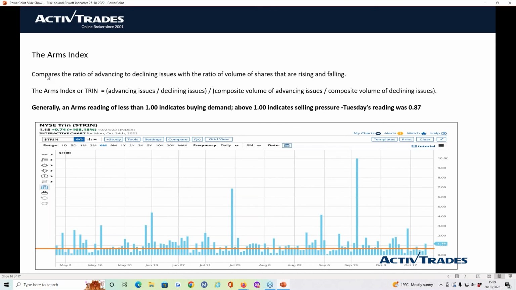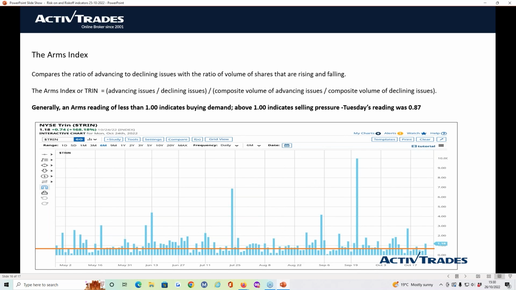So it's calculated, the ARMS index or TRIN index, by taking the number of advancing issues, dividing that by the number of declining issues, and then dividing that number by the total or composite volume of the advancing issues on the day, divided by the composite volume of declining issues.